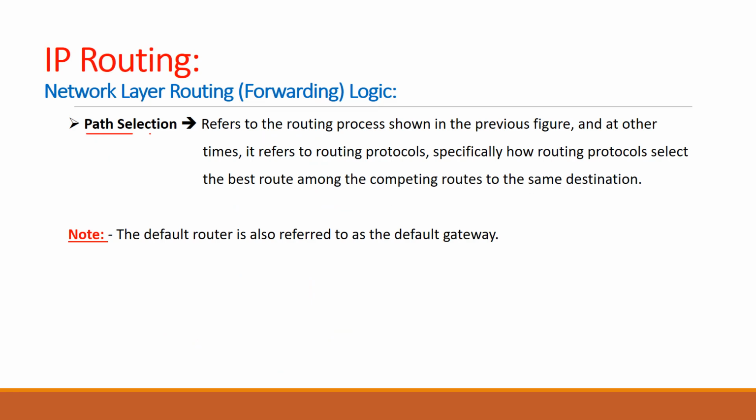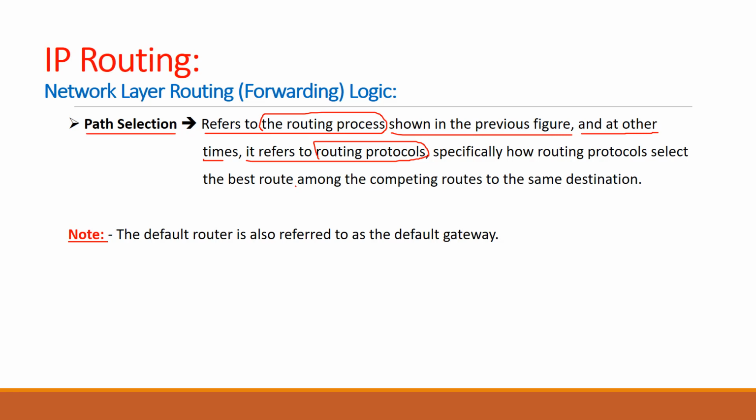Let's define what path selection is. It refers to the routing process shown in the previous figure, and at other times it refers to routing protocols. When we discuss the routing protocols later and take each one of them, we will find out that there is something called path selection.